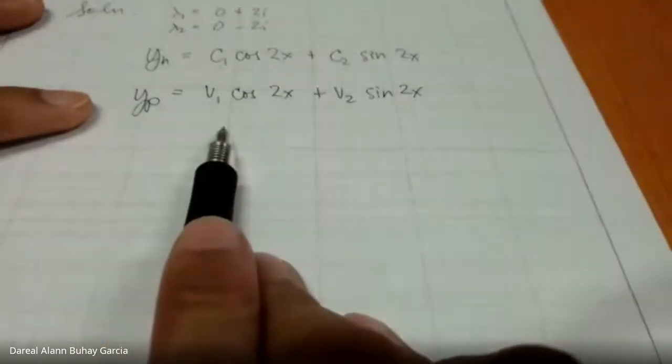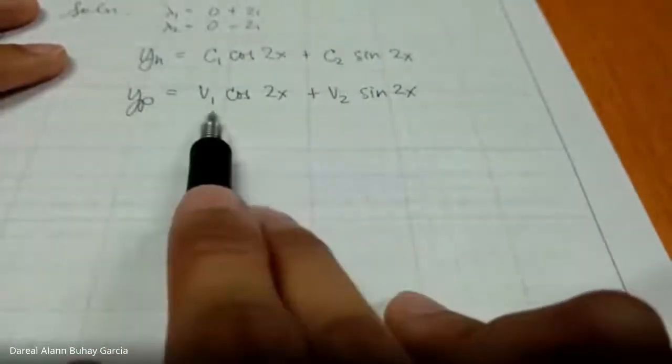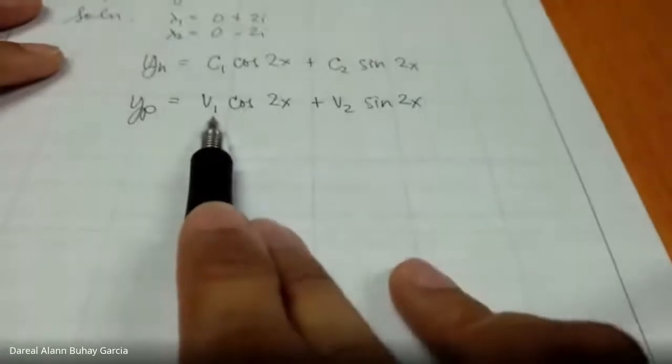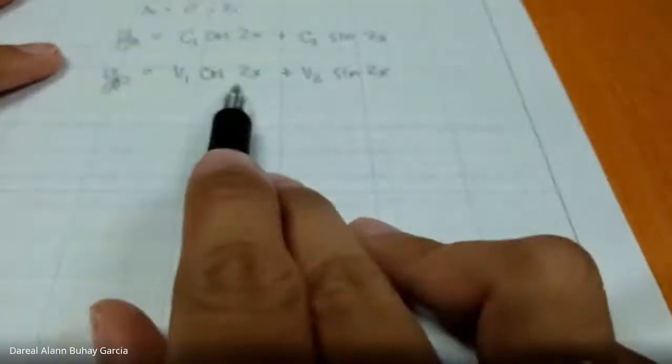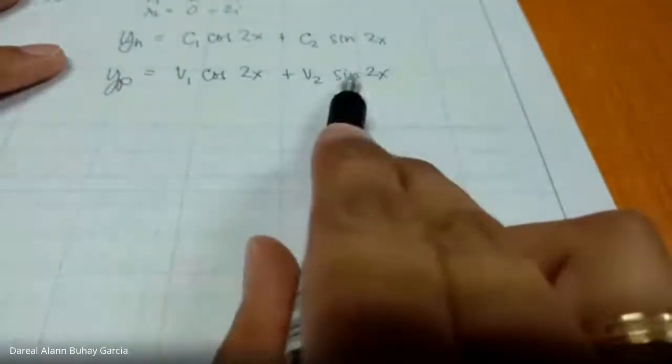Okay, matrix. Since this is second order, we have two equations. This is our y1, y2. v1 prime cos 2x plus v2 prime sin 2x is equal to 0.